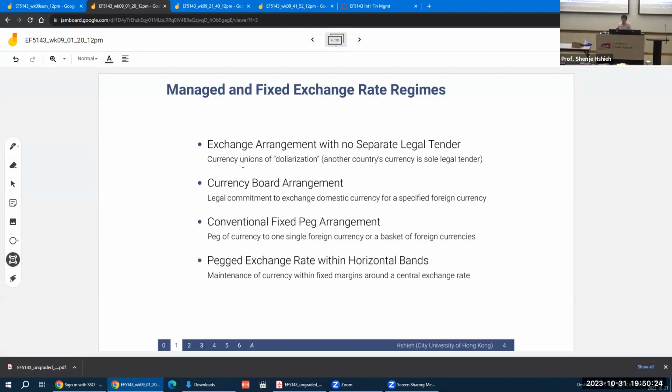So if you want examples of a currency board arrangement, you can think about Brunei, as well as Hong Kong. Brunei, like Hong Kong, is not a true peg, but their currency is very intimately linked with the Singapore dollar. Hong Kong, again, is not a true peg because they have a band, but it's very, very intimately linked with the US dollar.